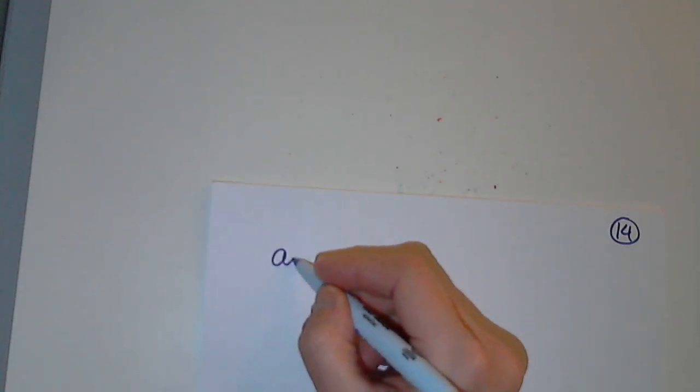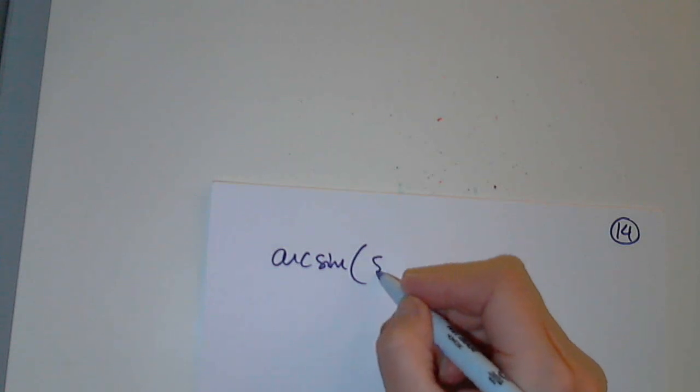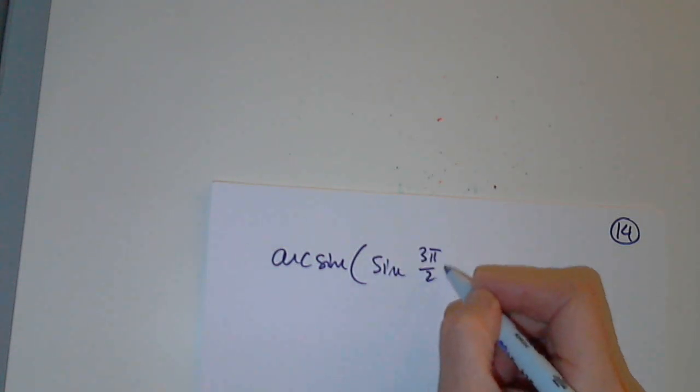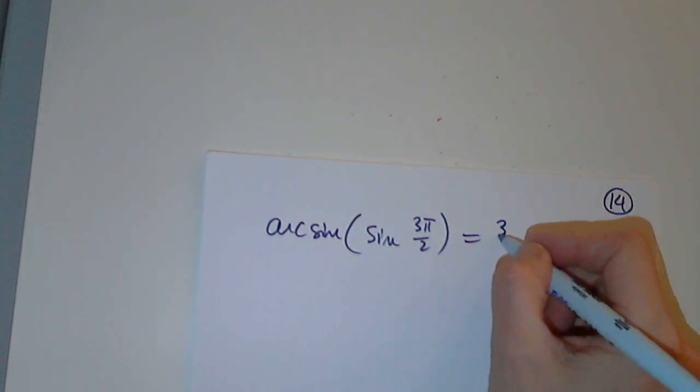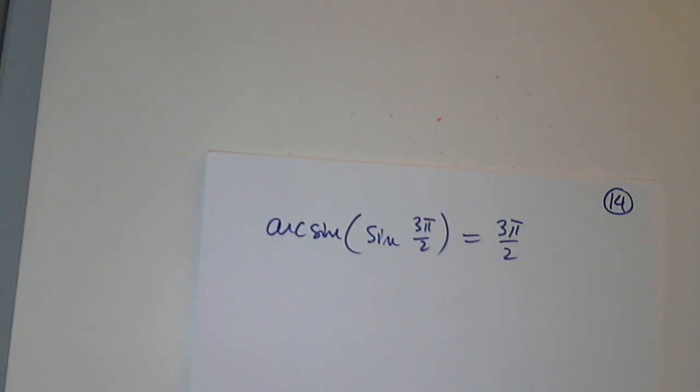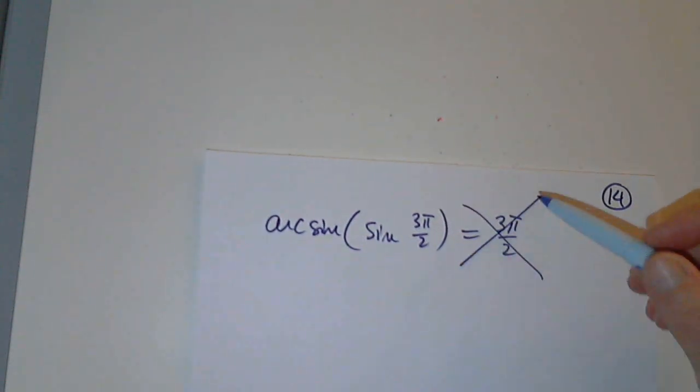So normally when we apply arcsine to sine or sine to arcsine, we're tempted to write 3 pi over 2, right? Because arcsine should eliminate function sine, and sine should eliminate function arcsine. However, this will be incorrect. For this particular case, we cannot apply the property of inverse functions.